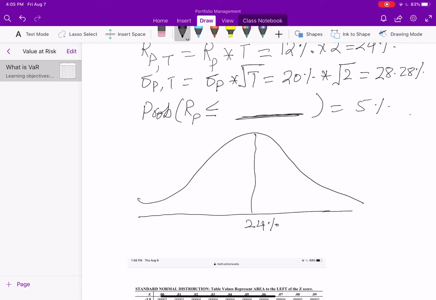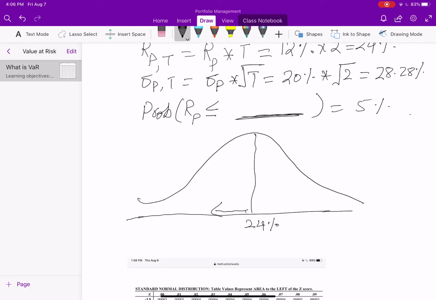And the standard deviation, obviously, you have to subtract from this, 28.28%. We are concerned about the left hand side, not the right hand side, because we are concerned about the loss, and VaR is a risk assessment technique. So we are concerned about the loss which lies on the left hand side of the distribution, rather than the right hand side of the return distribution.